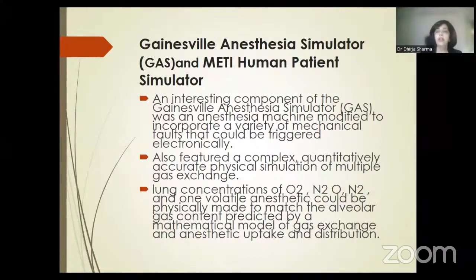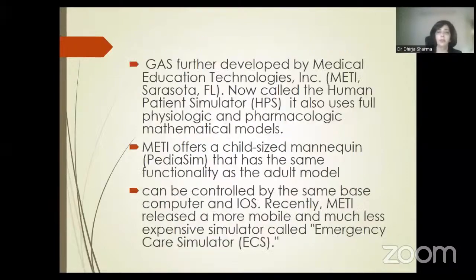So here the trainee can actually change the gas flows and see the effect, change the dial settings and see the effect on patients' MAC values and alveolar concentration, and learn how to give a more efficient and better anesthetic to the patient.